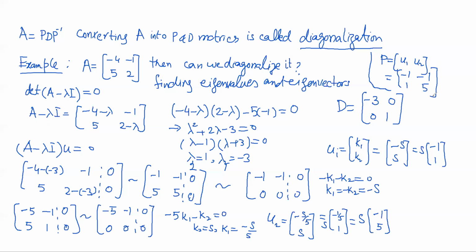Okay, so this is the matrix P. So P is equal to minus 1, minus 1, 1, 5.